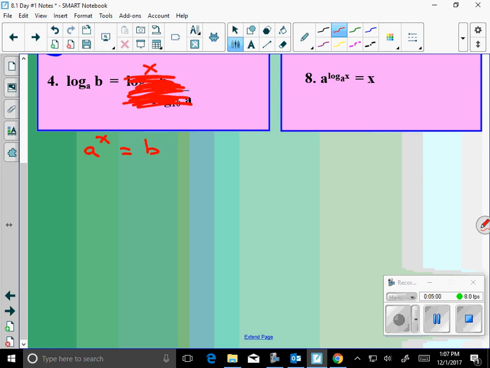Well, if I don't like working in base A, what I can do is I can take the common log of both sides. All right? And what I can do from there, and you're going to learn this in a minute when I prove it, but I can take this exponent and I can bring it down in front. And you'll see why in a moment. Oops, that should be a 10.